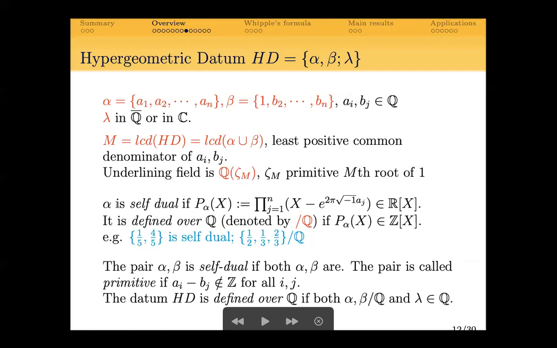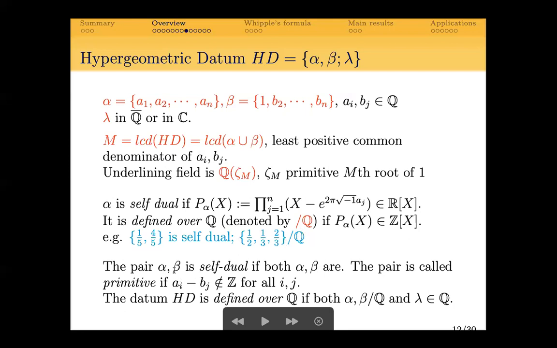And such a multi-set is said to be defined over Q if this polynomial further has Z coefficients. For instance, if I take alpha to be a multi-set of 2 elements, 1/5 and 4/5, if I write it down, then the coefficients will be totally real, so it's going to be self-dual. On the other hand, in the second example, if I pick 1/2, 1/3, and 2/3, this combination gives me a multi-set which is defined over Q.